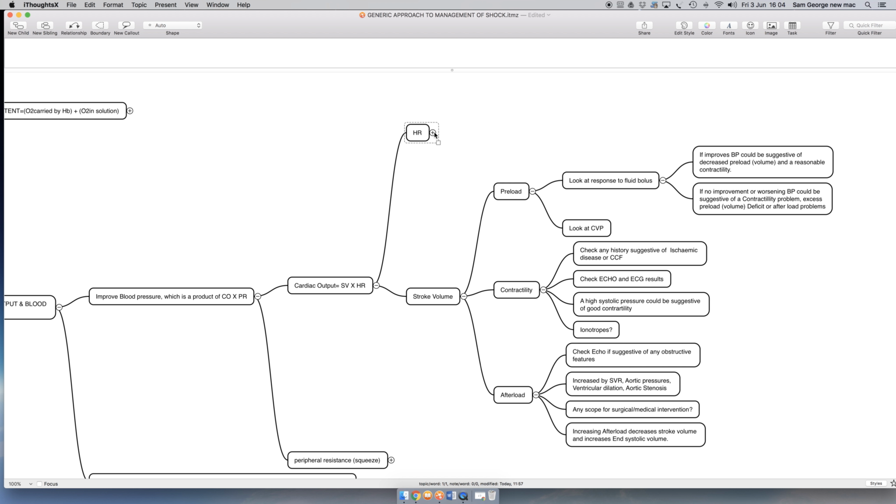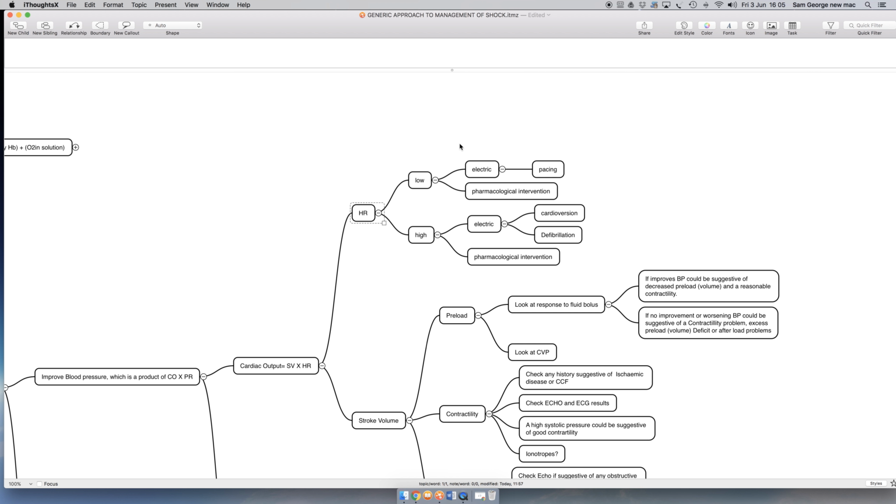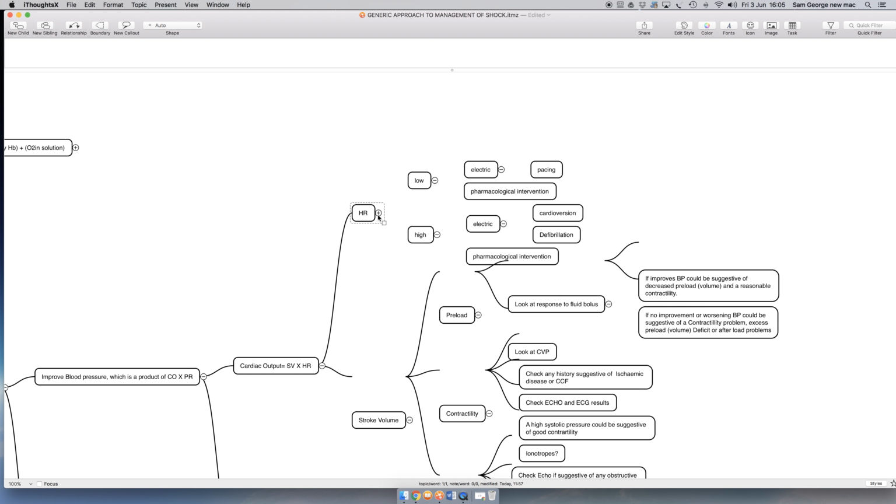We'll just apply the ALS, ACLS protocols. The generic principles are quite simple there: in managing tachy or bradyarrhythmias, you go for electricity or pharmacological interventions. I just try to simplify it for you, so it's easy to retain and there's no confusion.